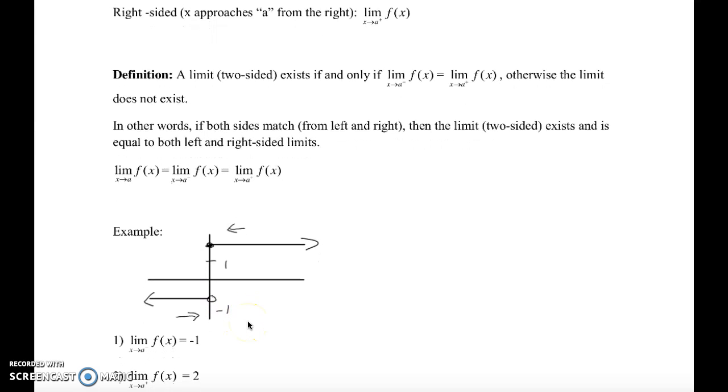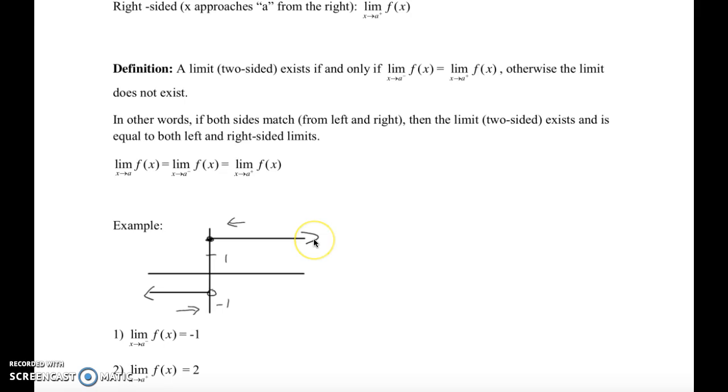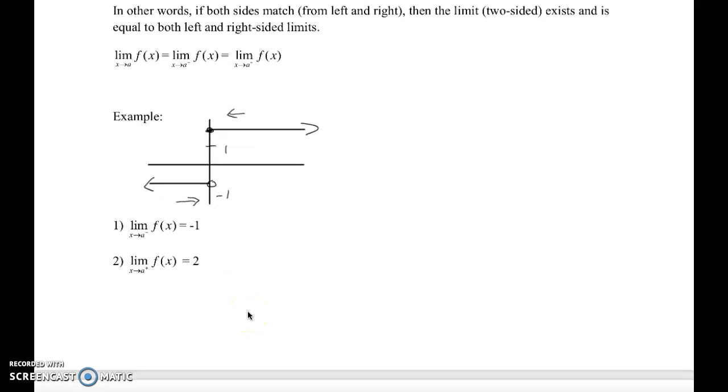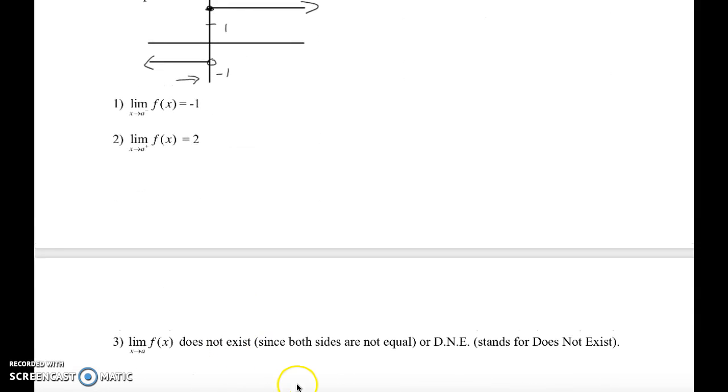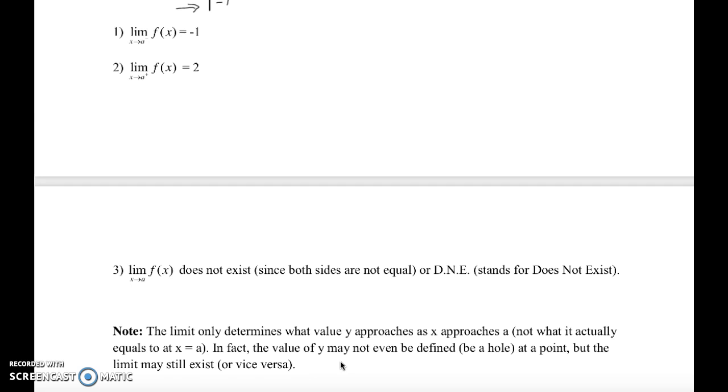If we look at the limit as we approach from the right-hand side, as we approach an x value of 0, our y value is actually 2. So in this case, we have to say that the limit does not exist, since both sides are not equal. You'll often see the term DNE, which means does not exist. You could also write does not exist. That's perfectly okay.